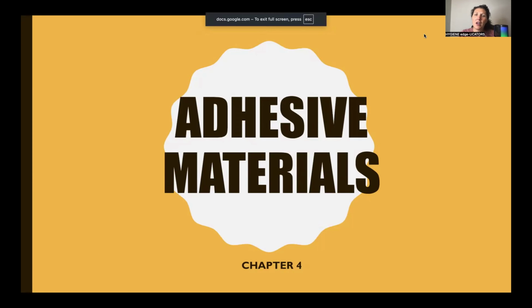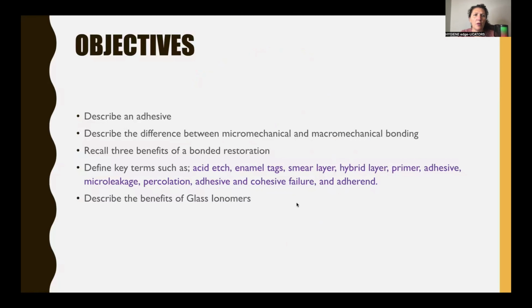So the next thing we're going to talk about is our adhesive materials that are out there and available for us. So we're going to go over how things stick, how we can get things to stick. Obviously, we talked about this with composites. We mentioned that sometimes, like with our sealants, it was micro or macro mechanical bonding.